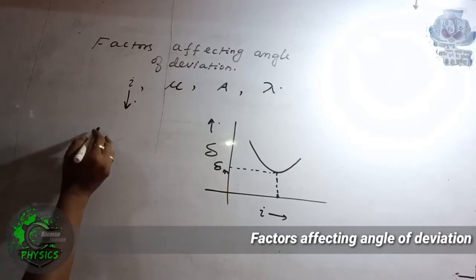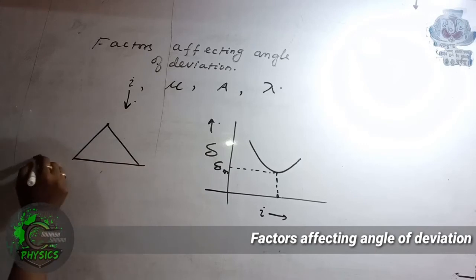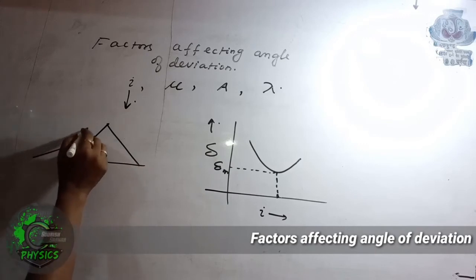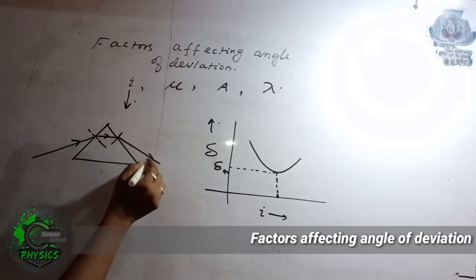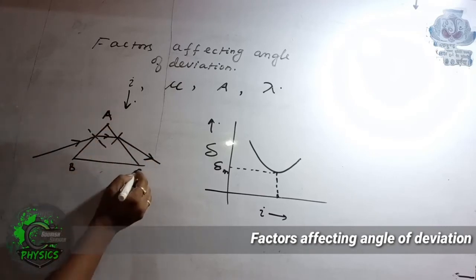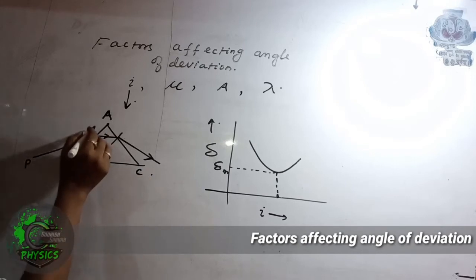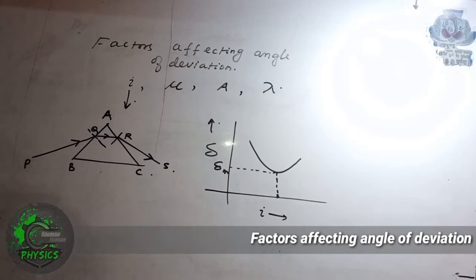At this position delta m, that is at the minimum deviation position, remember these are the conditions satisfied. ABC is a prism, and suppose P, Q, R, S are different rays.